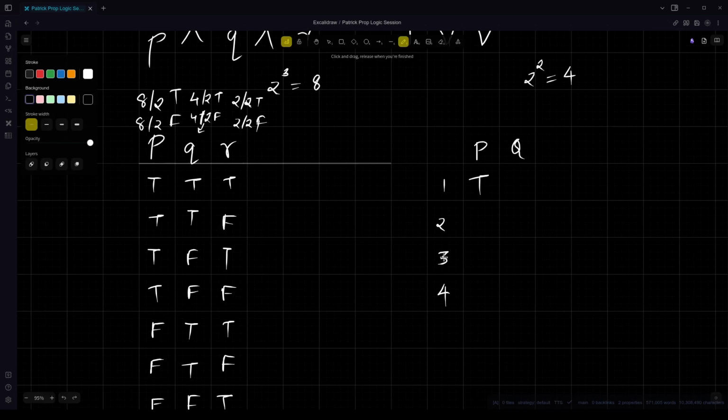So you're going to divide 4 by 2. So you get 2, right? So in the first column, you're going to have a pattern of 2 trues and 2 falses. Okay, so that's what the 2 means. So just 2 trues, then 2 falses. Yes. And if you notice all the previous truth tables you've made, that's the pattern we have followed.